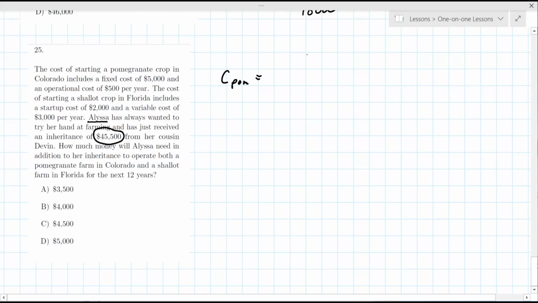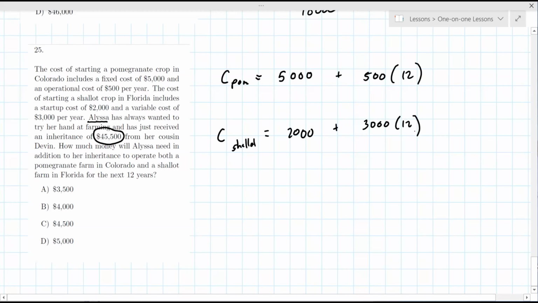So again, you want to be able to write the fixed plus the variable cost or operational cost, but you almost want to do it with all the numbers. It's 500 times 12. And the cost of the shallot crop, I don't even know what a shallot is, 2,000 plus 3,000 times 12.